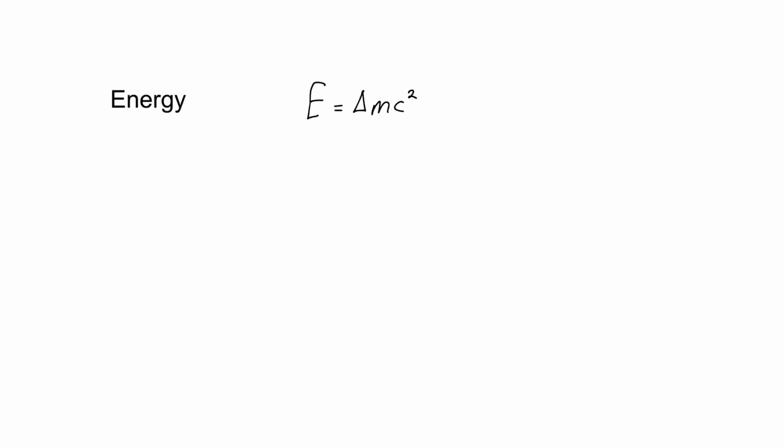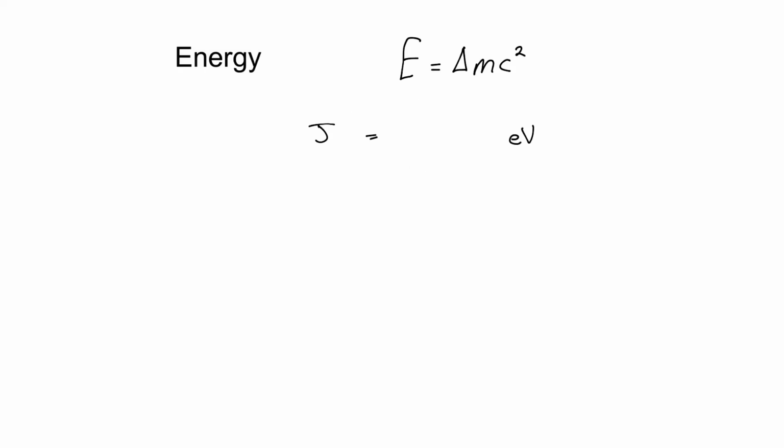As we're also dealing with atomic particles, which are extremely small, our normal unit of energy, the joule, is much too large. So what we are using is in fact what's called an electron volt. An electron volt is the change of energy of a single electron moving across an electric potential of 1 volt.